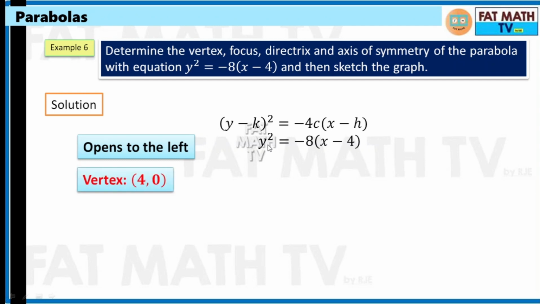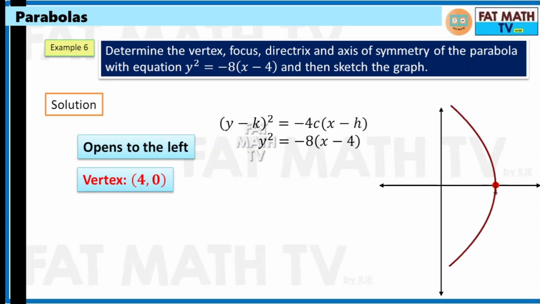So h is positive 4 and k is 0, because there's nothing here. So the vertex is (4, 0), and it opens to the left.